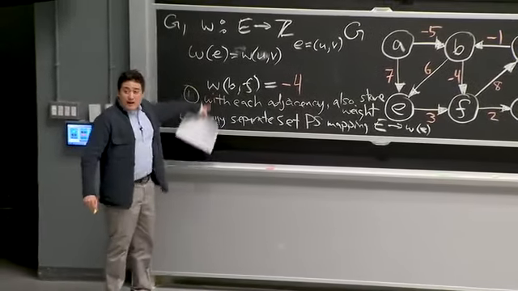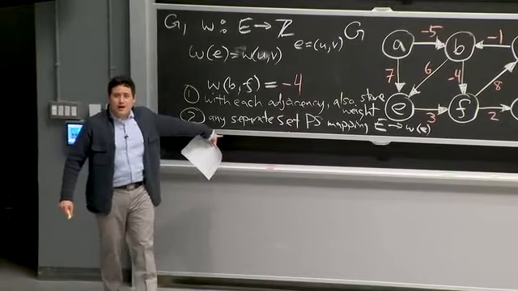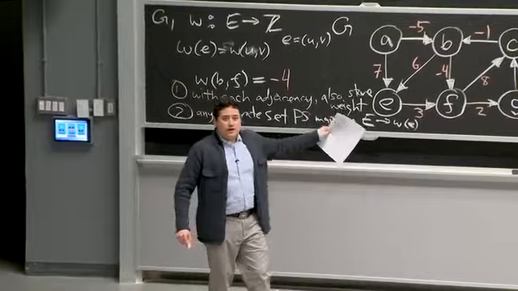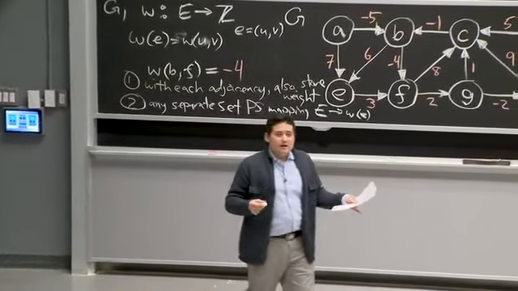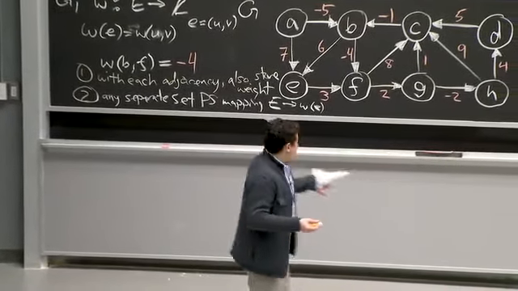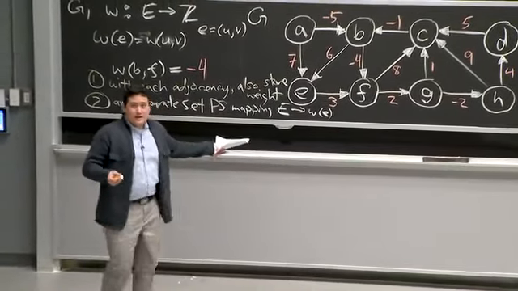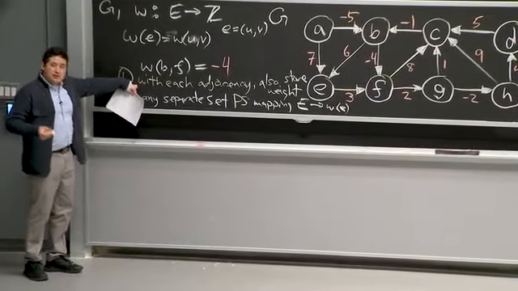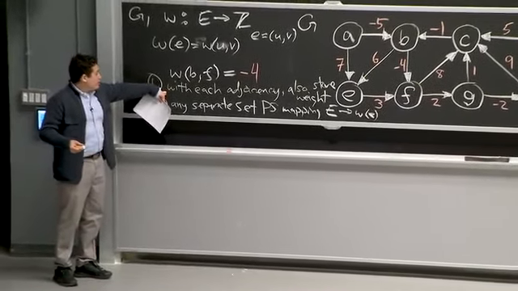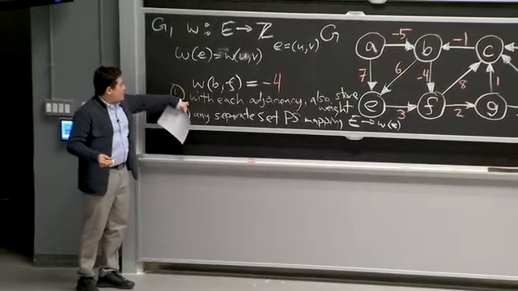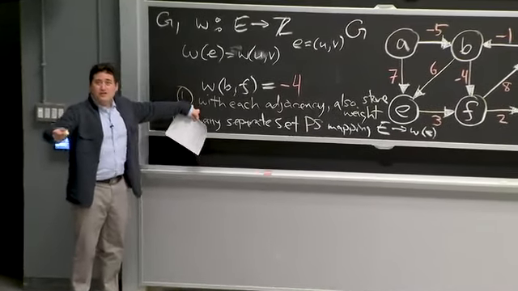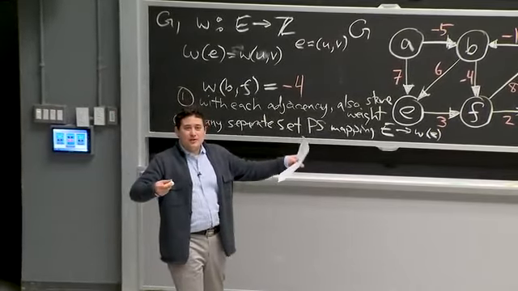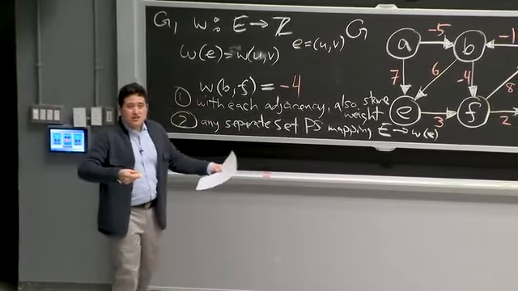It doesn't really matter how we're doing this. The assumption that we're going to rely on here is that, given an edge, a vertex pair, I can query what the weight of that edge is in constant time. So I can either store it with a hash table of hash tables, a hash table mapping the set of vertices to their adjacencies, and then each adjacency list stores its adjacencies in a hash table, and that way, in constant time, I can check what the weight is.